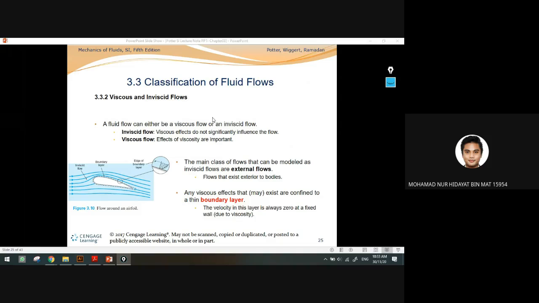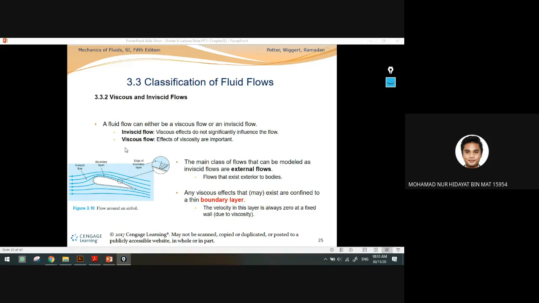Have you tried to walk in the water compared to walking in the air? Which one is harder? Of course, it is harder in the water because of viscosity. So, in other words, viscosity means restriction of flow. It restricts you from the flow. Okay?